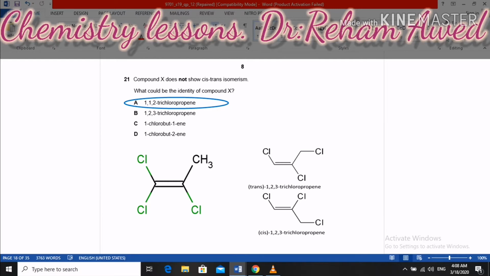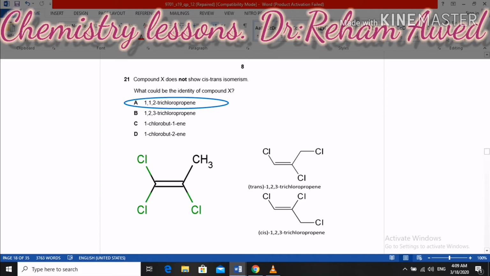So if we start to make any rotation in the compound, we will have new compounds. But in the case of single bonds, we have free rotation in the single covalent bond. According to the free rotation, we don't have any cis and trans isomerism in single covalent compounds. But in the case of double bonds, we have restricted carbon atoms.